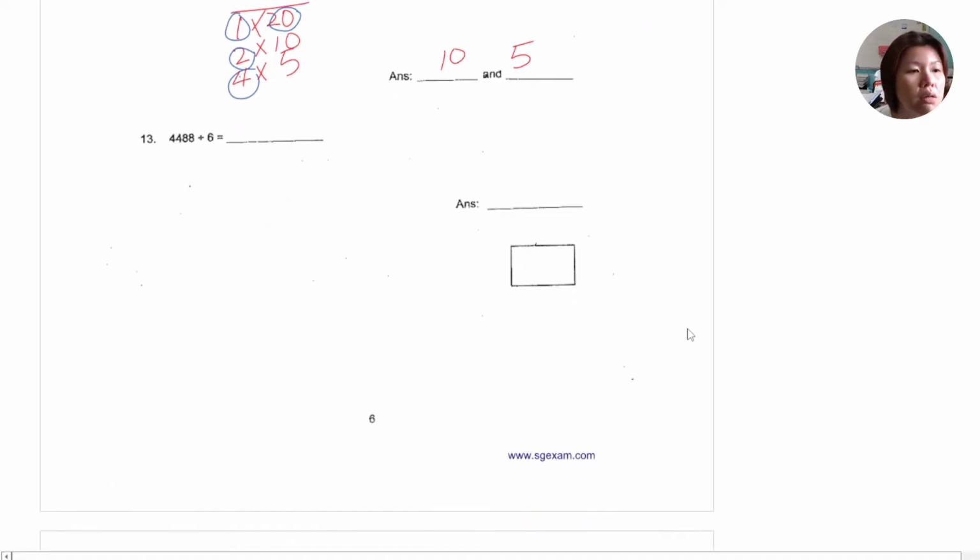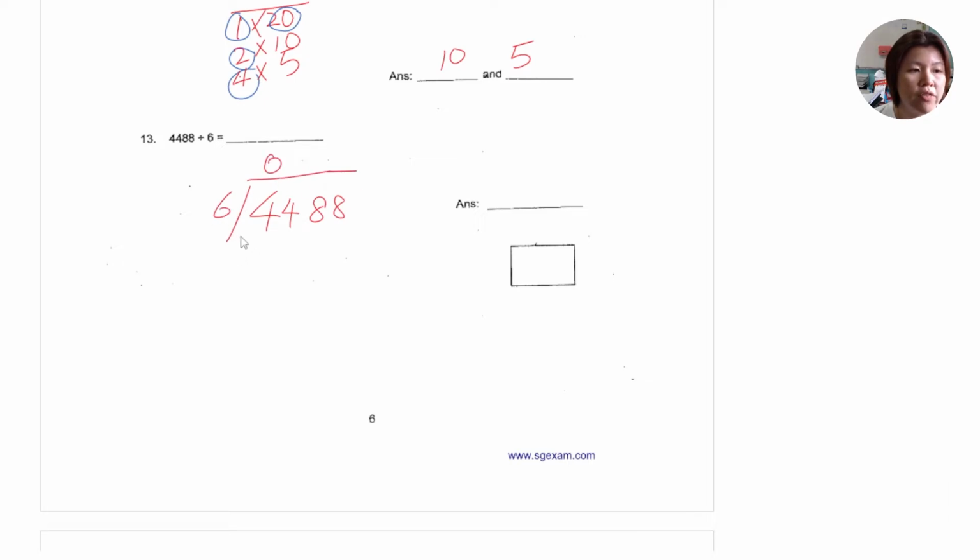Let me scroll down. Okay, it's 4,488 divided by 6. So let's put it in the working section. So 4 cannot divide it by 6. So it's 44.